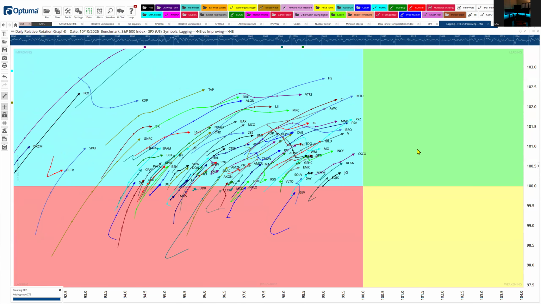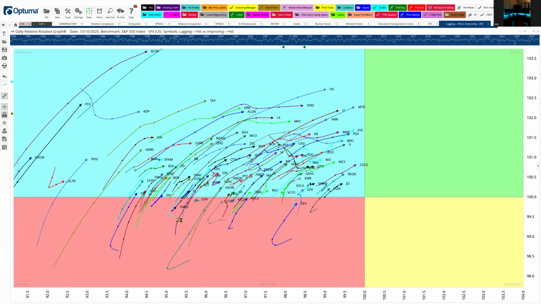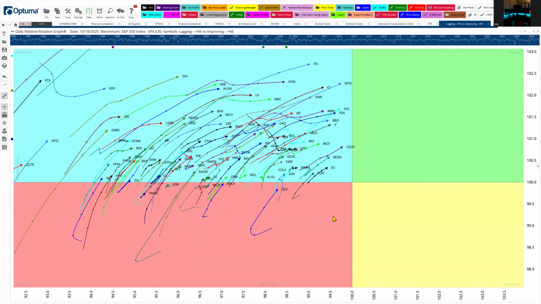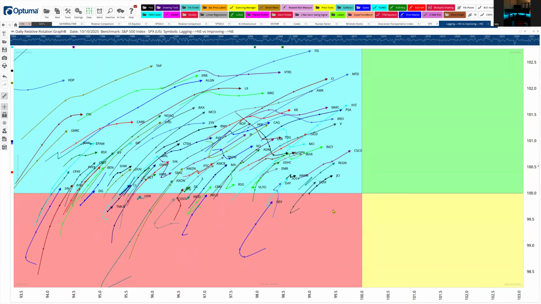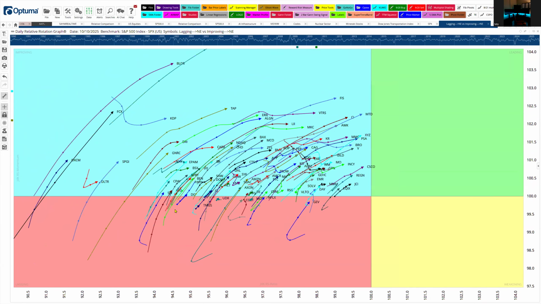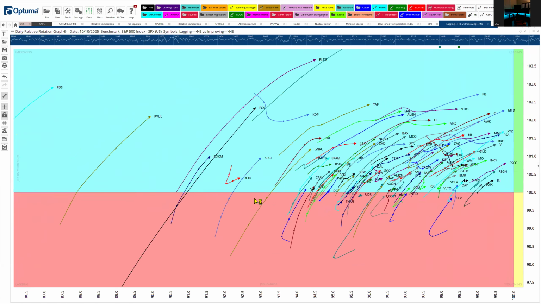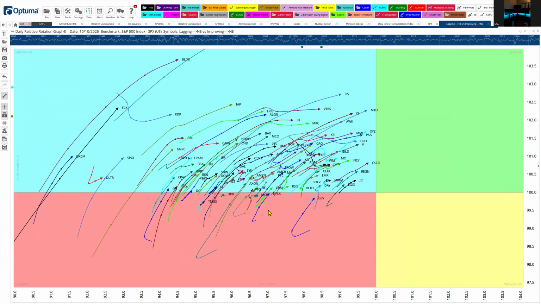So they're all heading northeast, but a lot of them have already made the move off the lows. We catch prices before the crowd's going to see them later. We see a very, very early rotation. Let's put it this way.